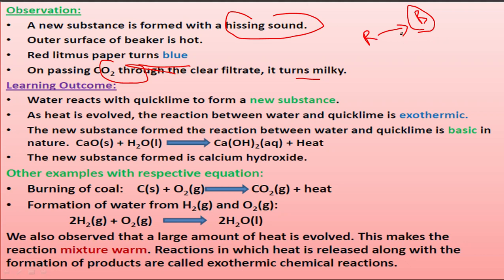I am writing the reaction here: calcium hydroxide, Ca(OH)2, and if CO2 gas is passed through lime water, the lime water, which is calcium hydroxide, turns milky due to the formation of calcium carbonate, CaCO3, which is a white precipitate, a white solid mass. That is why the appearance is milky.